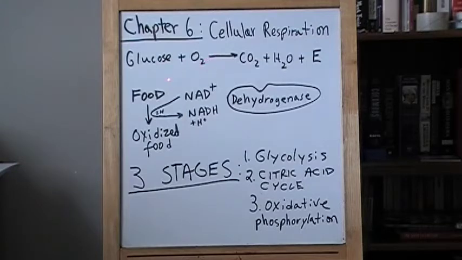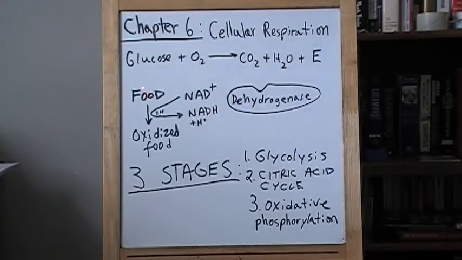So what exactly is going on here? What's happening is that the food molecules are being oxidized. So that means that electrons are being extracted from the food molecules. These are called redox reactions.